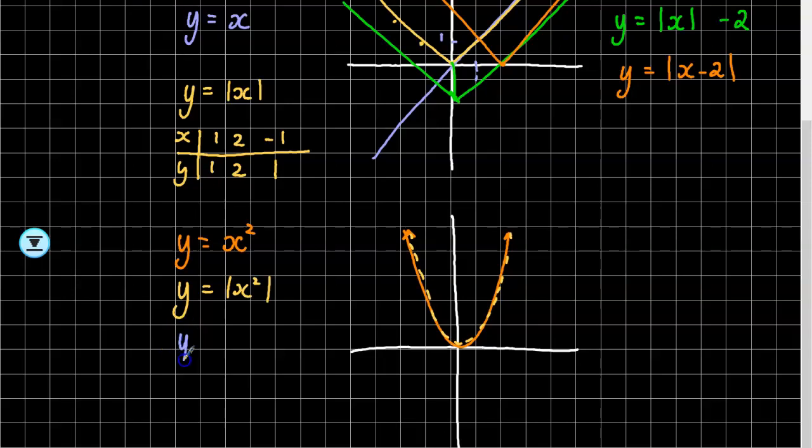What about y equals x squared take 4? What does that look like? Right, we just drop that down to minus 4. What do we think the modulus of that would look like?